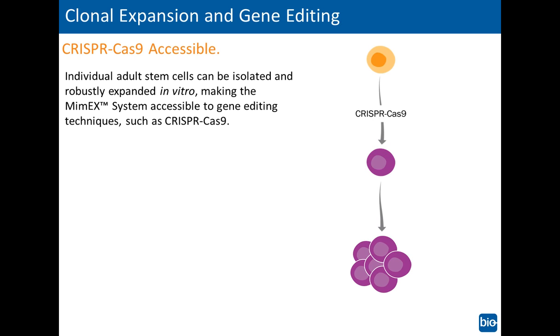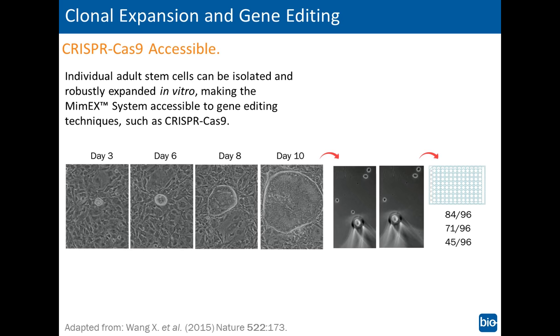The final benefit of the MimEX tissue system is the ability to clonally expand and gene edit the cells. So you can take a single cell and grow a clone, which then can be used to expand pedigree lines. And with this single cell, you can perform CRISPR-Cas9, you can correct a genetic mutation, for example, and derive cells all with this corrected genetic mutation. And this has implications not only in studying disease, but also in regenerative medicine as well.